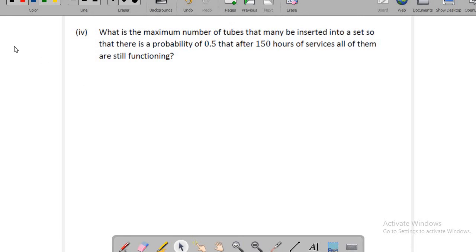It means we want probability that x greater than or equal to 150. That equal to, it's not directly equal to 0.5. So if there are 3 tubes, so probability that the 3 tubes are still functioning after 150 hours is cube of this expression.